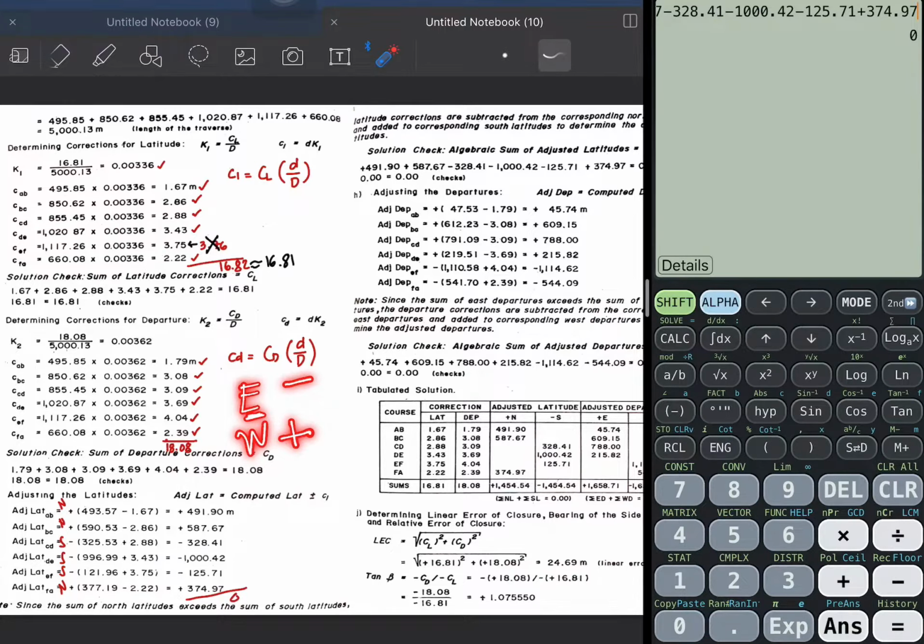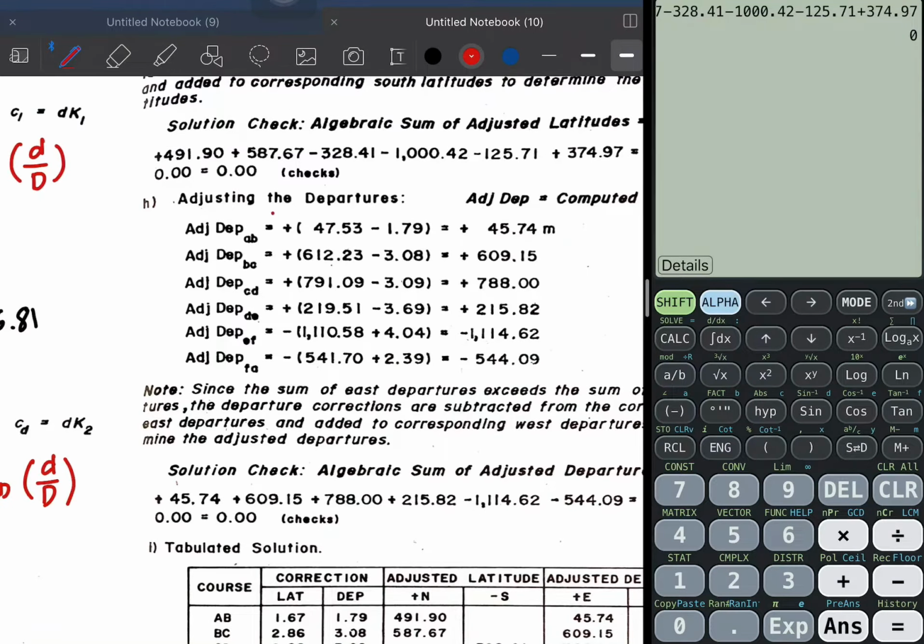Since the east departure is bigger value than our west departure. Okay, so you have here the correction. By the way, this is east, east, east, east, west.